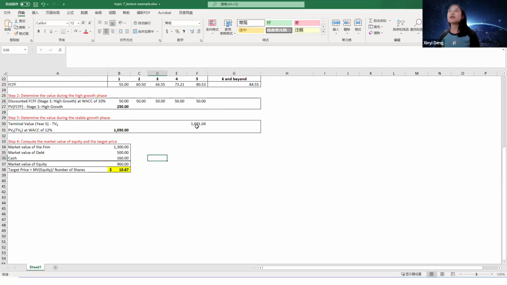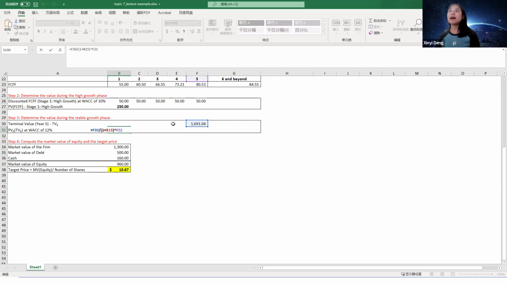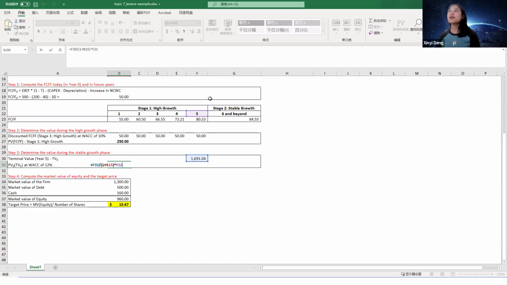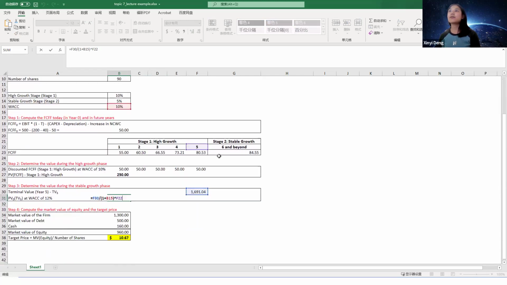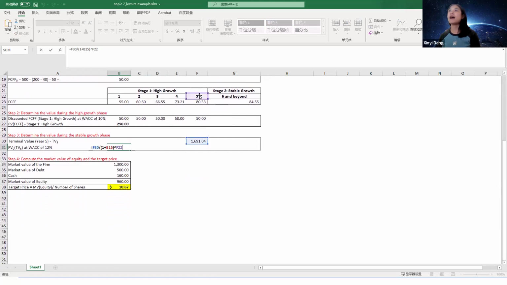So what we do is discount this terminal value back to year 0 by dividing it by 1 plus the WACC raised to the power of 5. That's why we are dividing by 1 plus cell B15 raised to the power of F22.